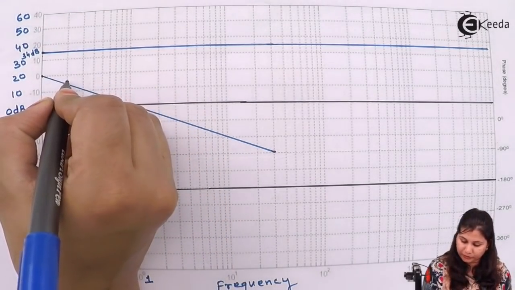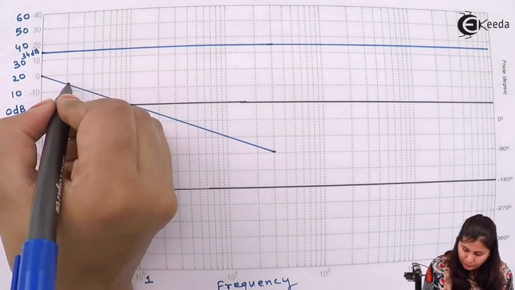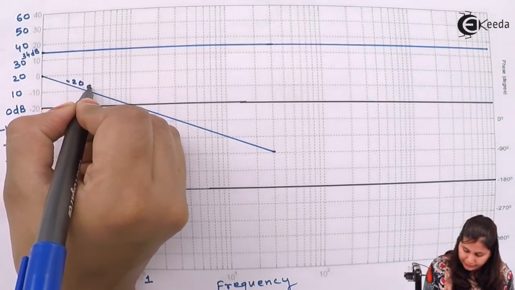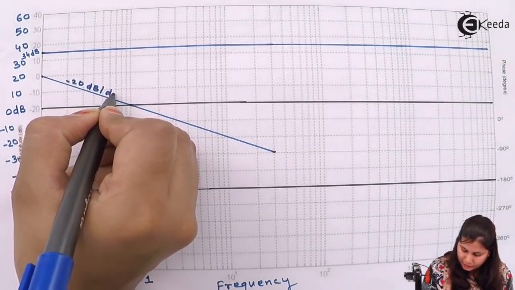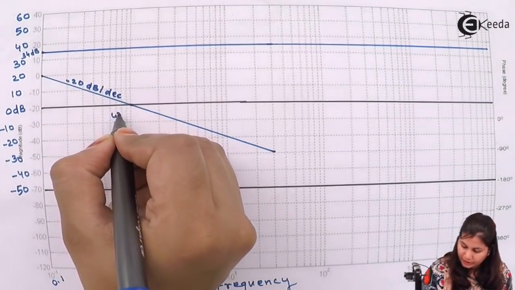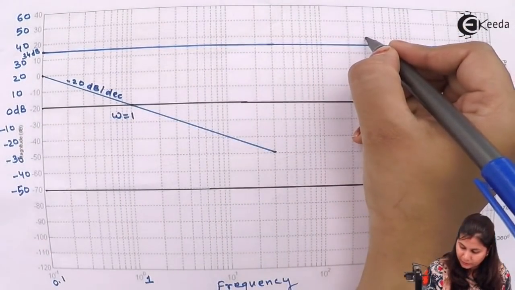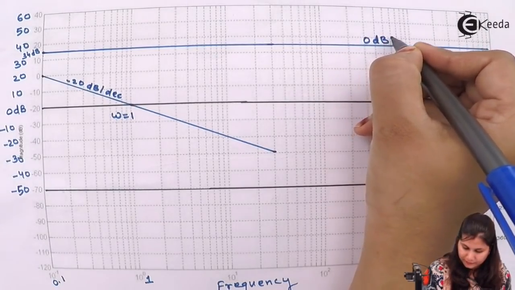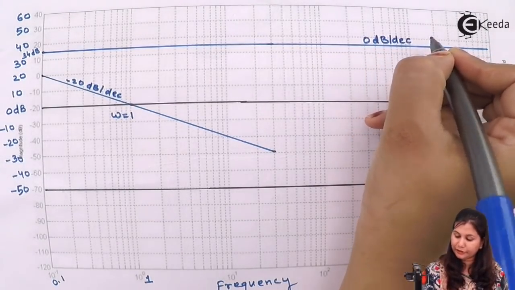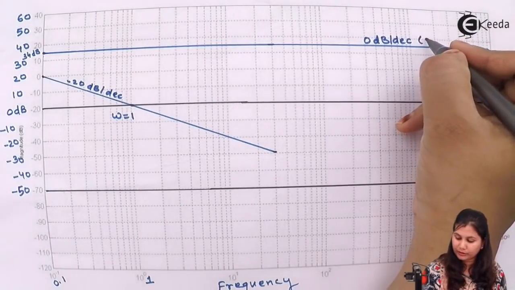Write the slope term over this line, minus 20 dB per decade. This is omega equals to 1. Here the slope is 0 dBs per decade and magnitude is 34 dBs.